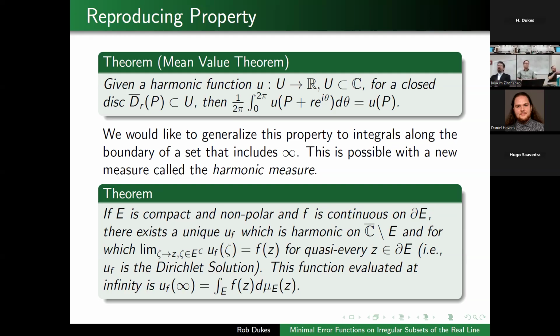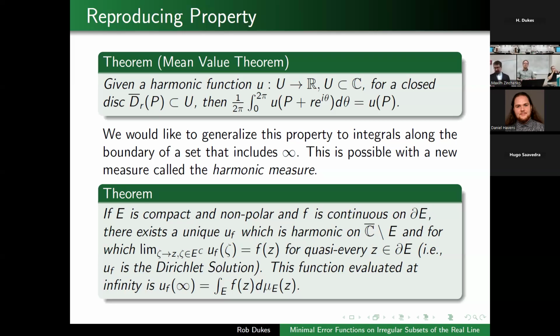So what we are saying is, with our compact and non-polar set, I haven't defined non-polar yet, that's out of sequence, but we'll get there. If f is continuous on the boundary of E, and since our E is usually in the real line, it's its own boundary, there's a unique function that's harmonic on the rest of it.